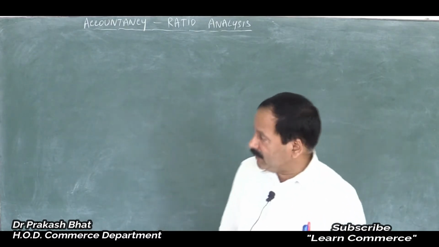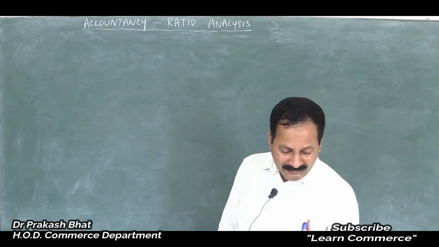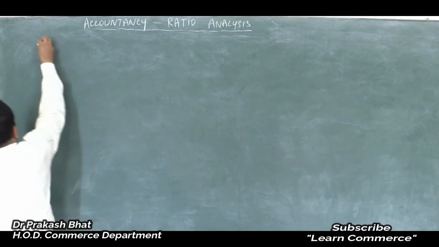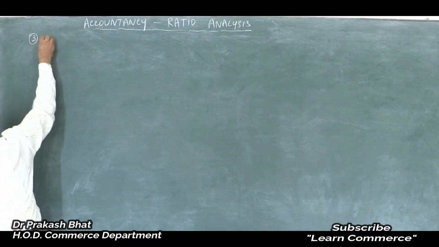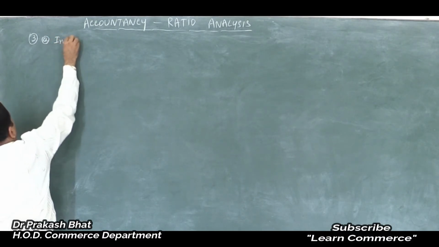Let us start with the first ratio, that is inventory turnover ratio, right? So calculate problem number 3. Under that, first one, inventory turnover ratio.